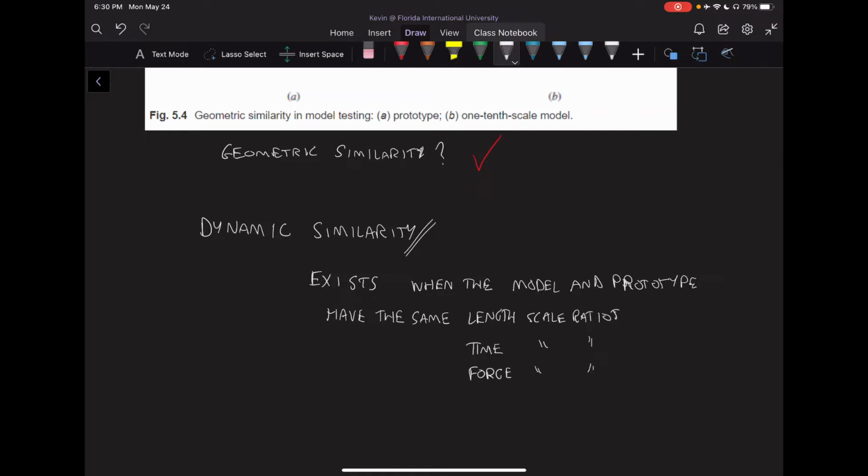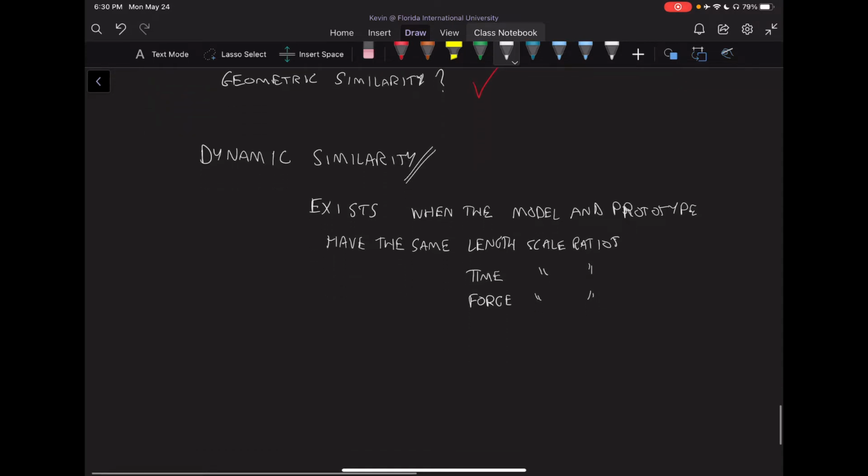Okay, so these three things have to be satisfied in order to have dynamic similarity.